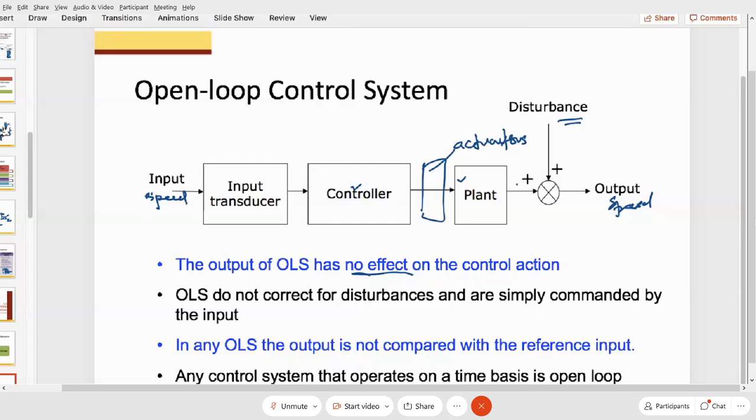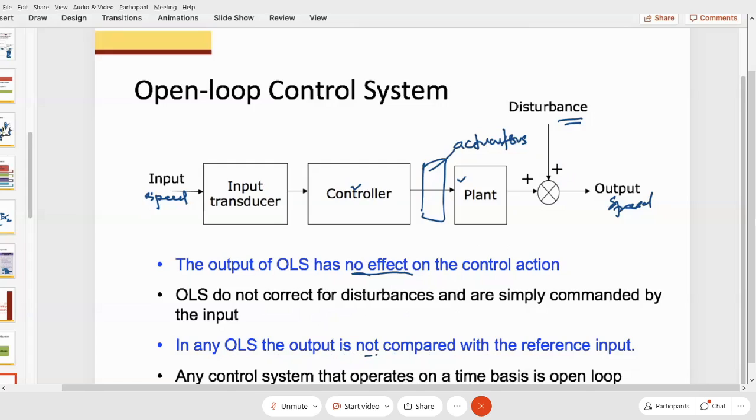So that is the open loop system. Open loop systems do not correct for disturbance. If you have a disturbance, more dust on your blade and so on, no action is taken. In an open loop system, the output is not compared with the input.